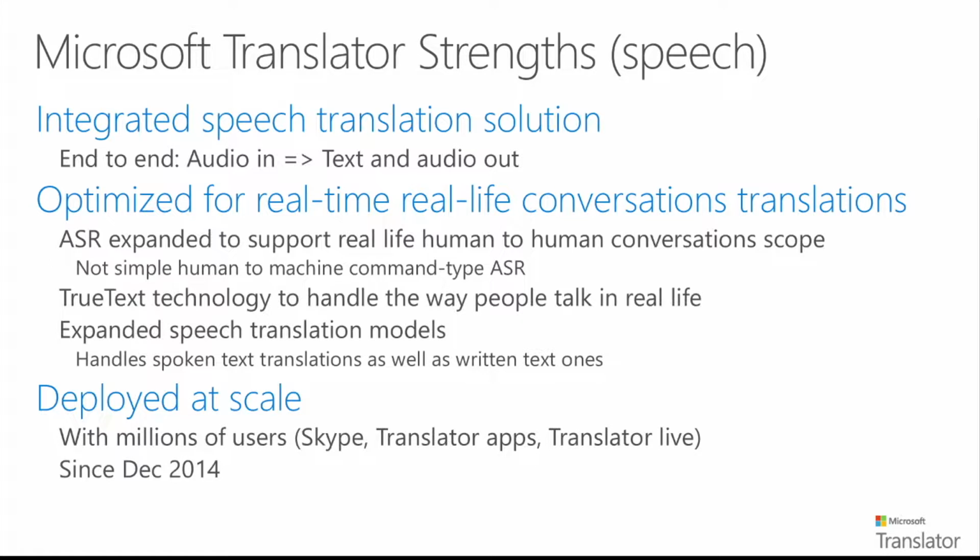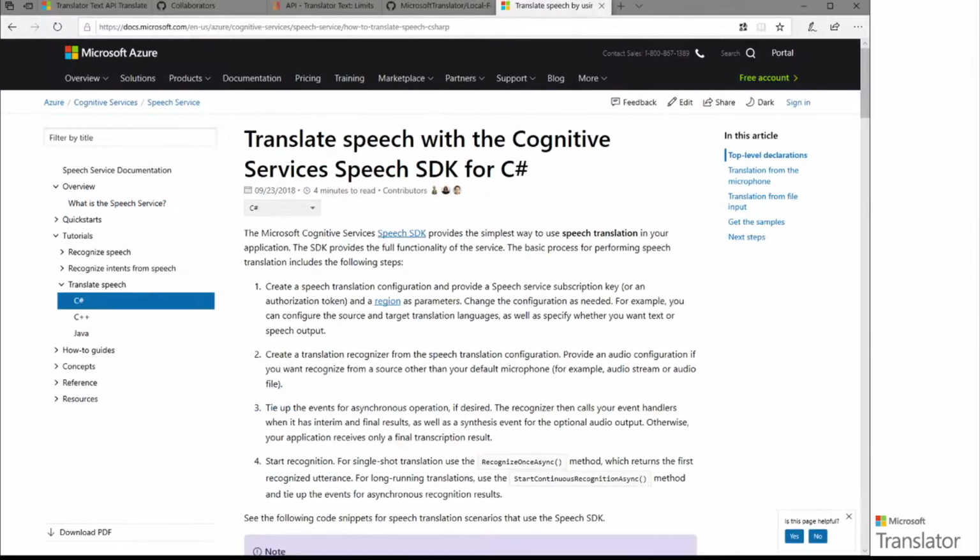Microsoft offers a fully integrated speech translation solution here, allowing you any case of audio in and giving you multiple ways to process or to receive the output for multiple processing opportunities. It's really optimized for real-time conversations and translations, works offline just as well, but real-time is the primary use case the system has been designed for, which gives you the superset of all the scenarios.